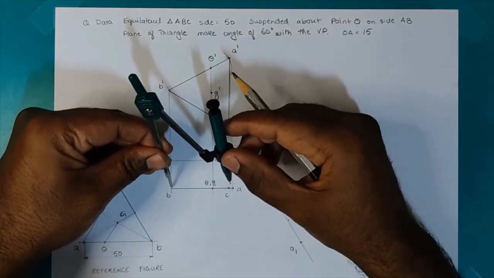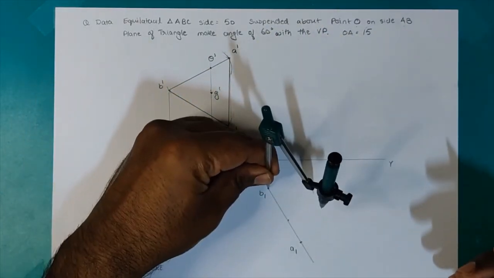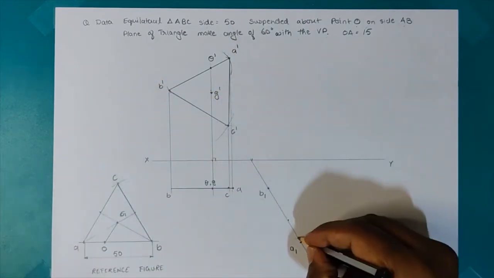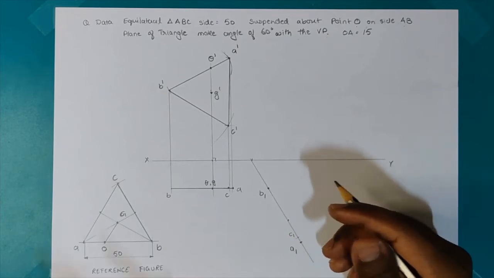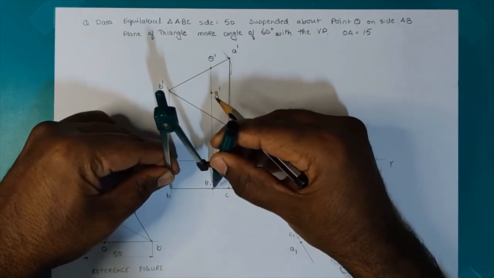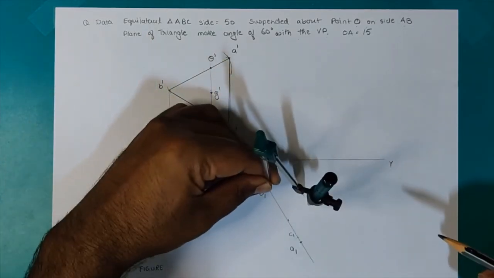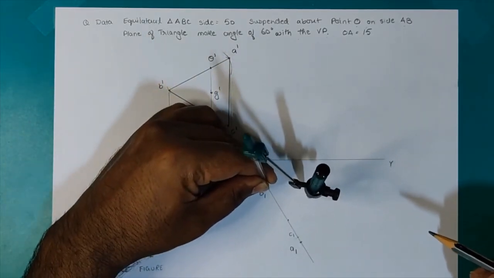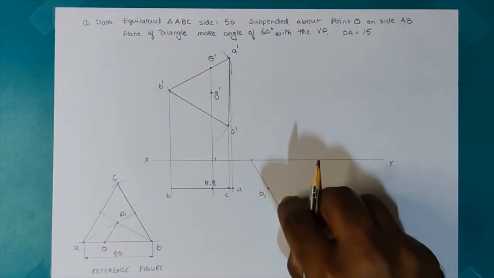So I now transfer all the other points. So starting with C, I mark the distance. I get the location of C1. Similarly, I take the distance of B to O. Keeping it on B1, I mark the distance arc on the inclined line and find O1, G1.